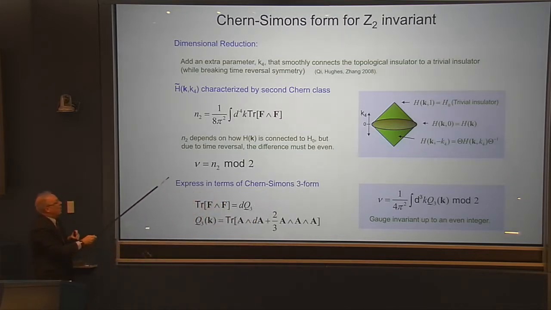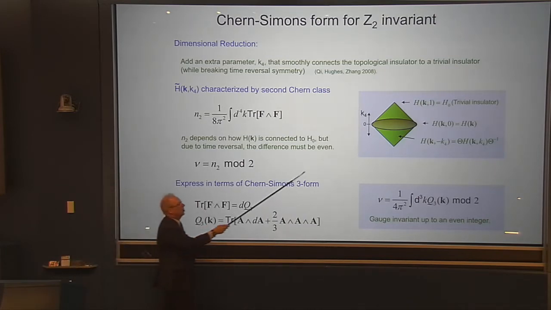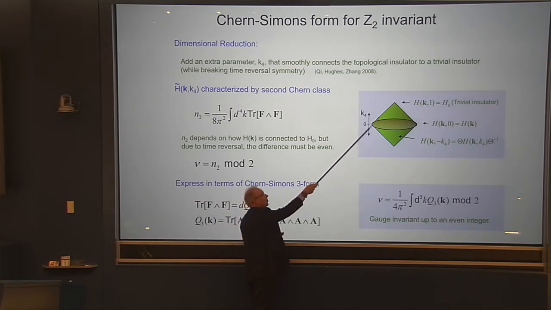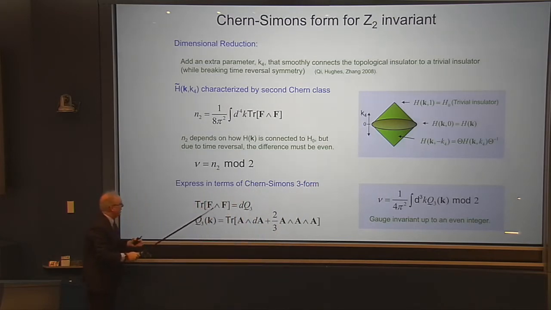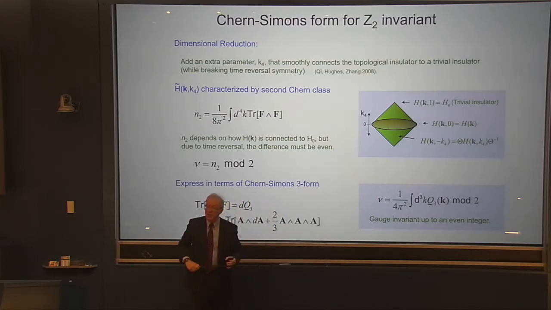Once we realize this, we can use the fact that f wedge f is actually a total derivative. That allows me to write the integral over the top hemisphere as just an integral over the equator of the Chern-Simons 3-form. So the Z2 invariant that characterizes this three-dimensional topological insulator really is the integral over the three-dimensional Brillouin zone, the three-dimensional momentum space, of the Chern-Simons 3-form.